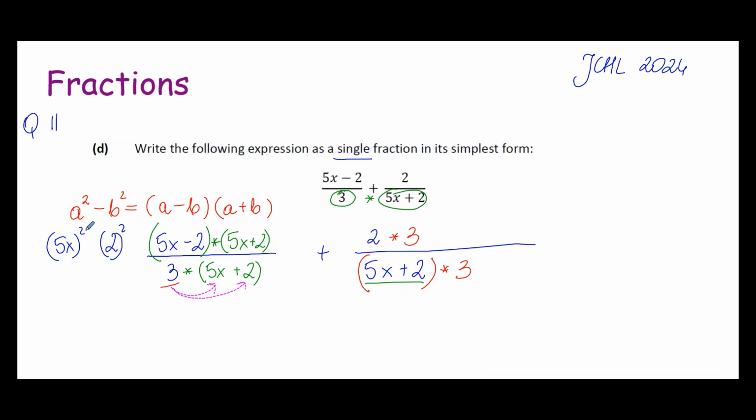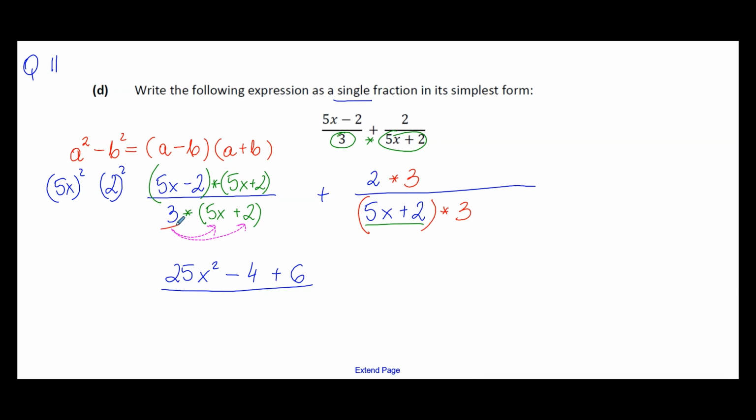5x to the power of 2, I take both of them to the power of 2. So 5 to the power of 2, that is 25. And then x to the power of 2, I can't calculate it, I can only write it. And then minus in between, and 2 to the power of 2, that is 4. Plus, and then 2 multiplied by 3, that is 6. Divided by.